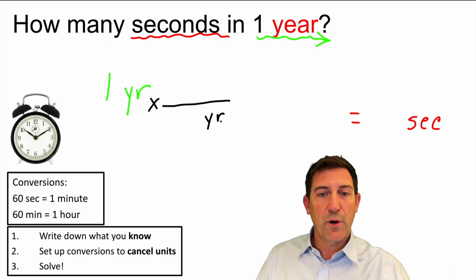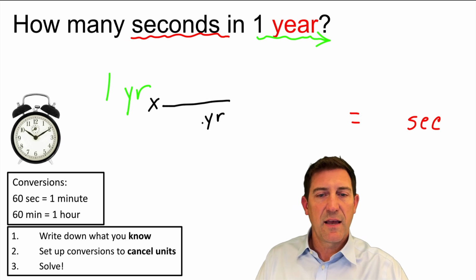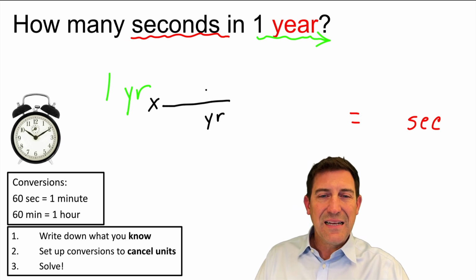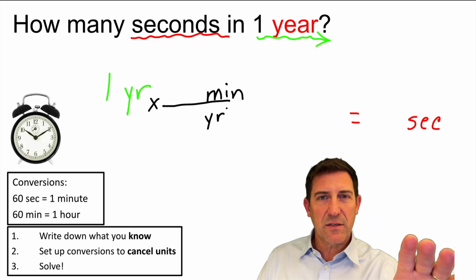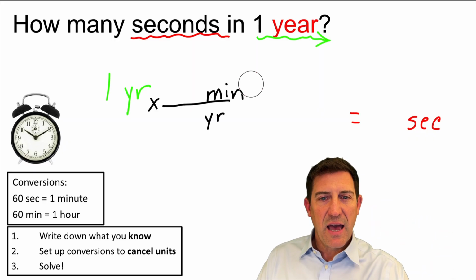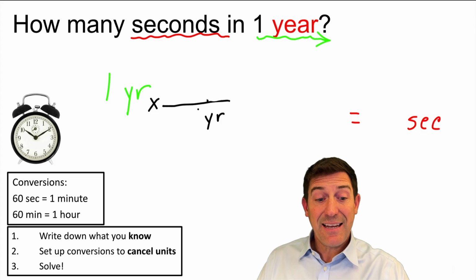Okay? That's why we're putting it there. Then we say, well, what can we turn years into to get closer to seconds? Well, I do know that this is where the problem solving comes in. And dimensional analysis is really problem solving. I don't know how many minutes in a year, but I do know perhaps how many days in a year.